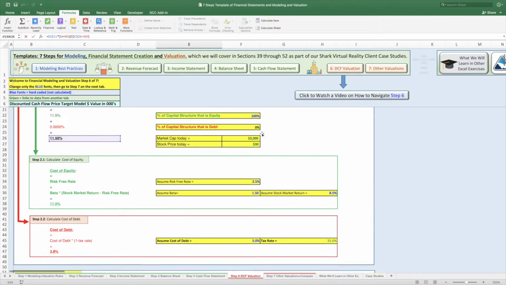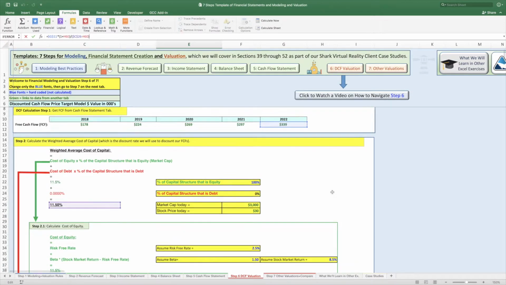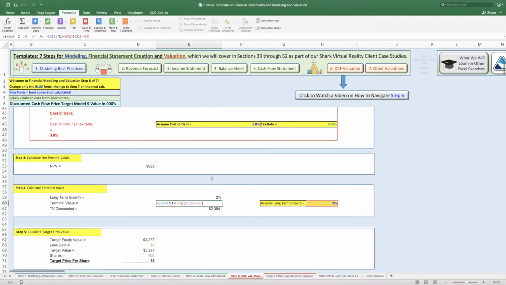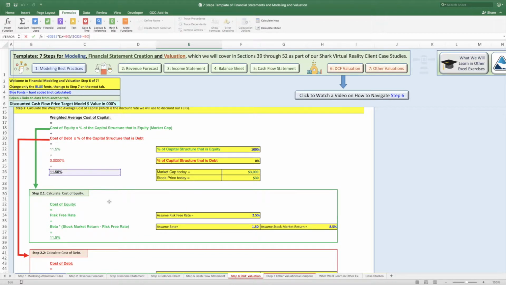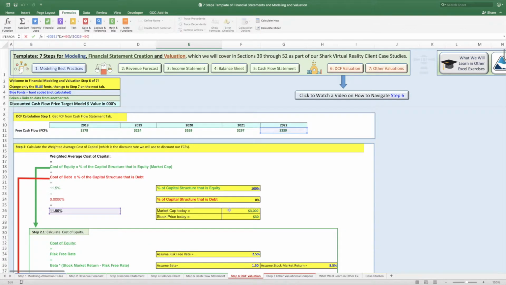So that's that last year of cash flow here, times 1 plus the long-term growth rate, which is 2% in this hypothetical example, okay? Then we divide it by our WACC minus the long-term growth rate, okay? And we know that our WACC is here, okay? And that's the terminal value, meaning the value of the future cash flows from the years 2023 to infinity, okay?